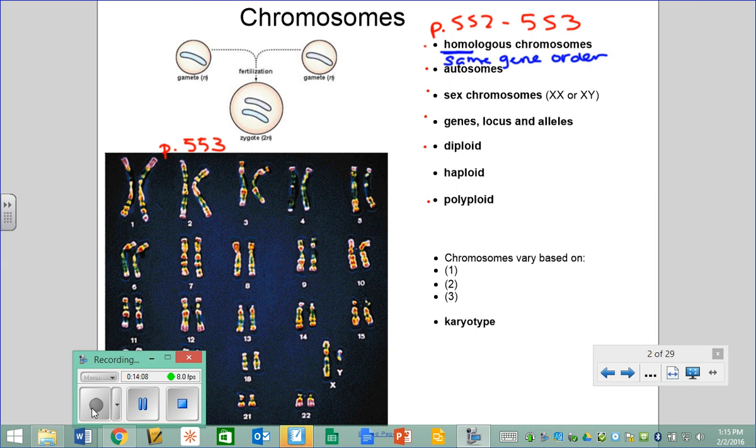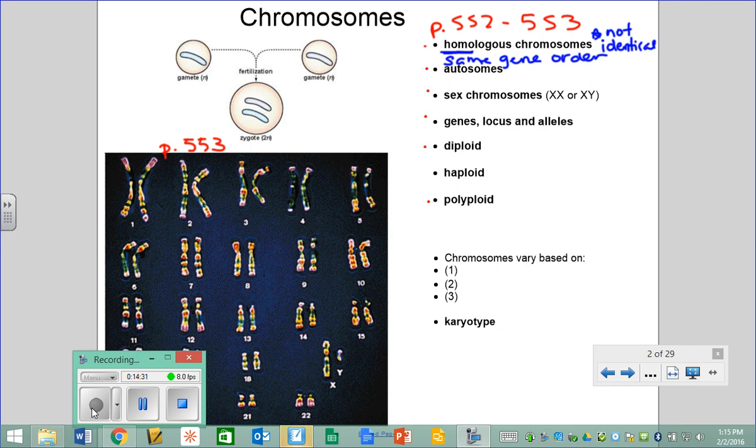Notice how I said same gene order, but I didn't say that they were identical to each other, and that's something that I want to point out. Homologous does not mean identical. It means similar to, same order, but they do not have to be identical.